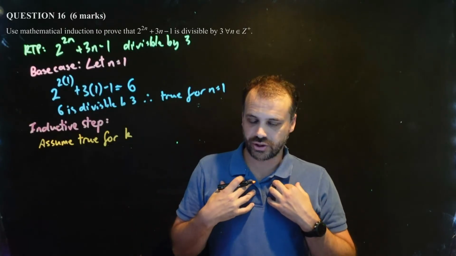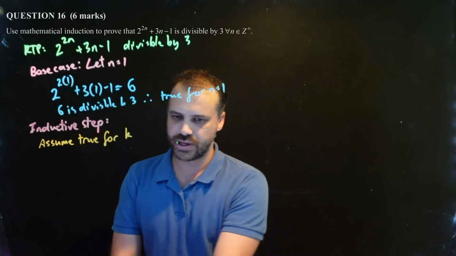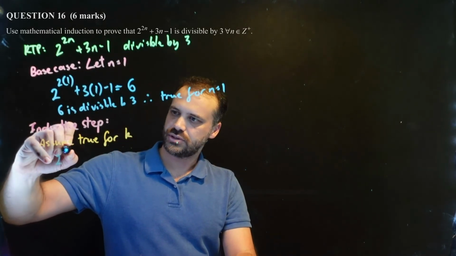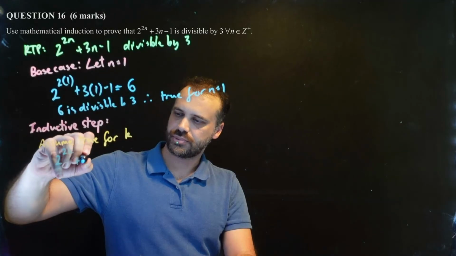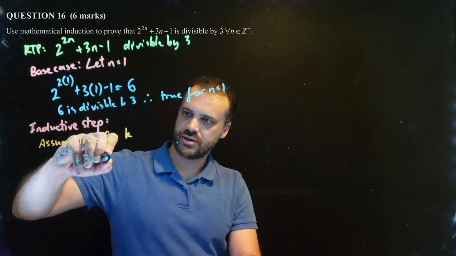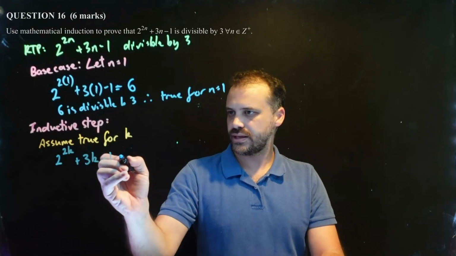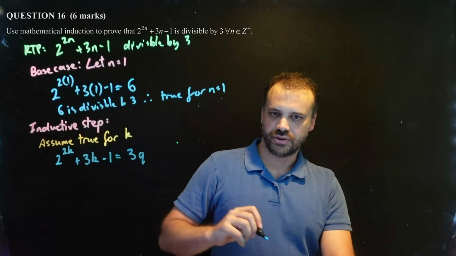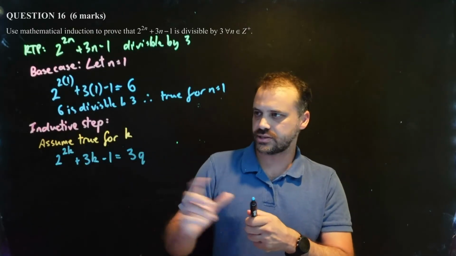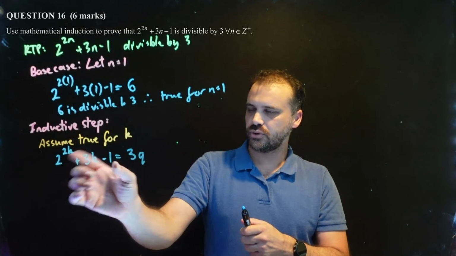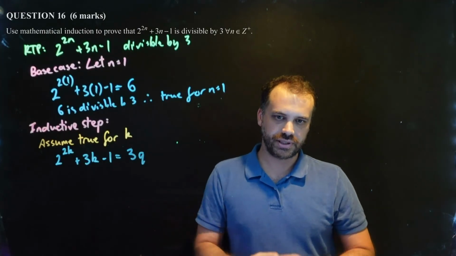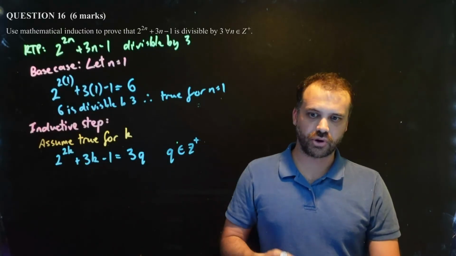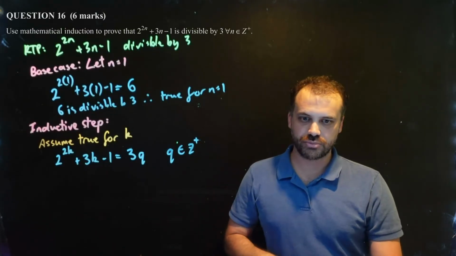Well, a way that I like to assume that it's true for k, because people have different ways of working here, is to say 2 to the 2k plus 3k minus 1 is equal to 3q. Right? Now, what does that say? That says that if you put a k in here, it will be equal to 3 times some integer. If you want to be fancy, q is in the set of positive integers. All right, so that's what I'm assuming it's true for.